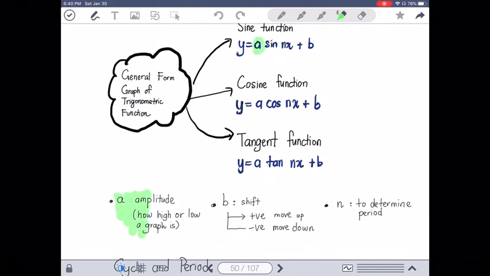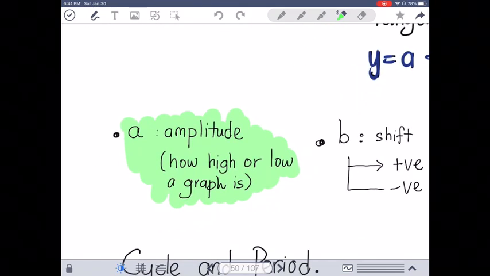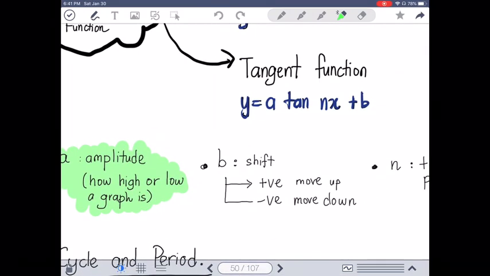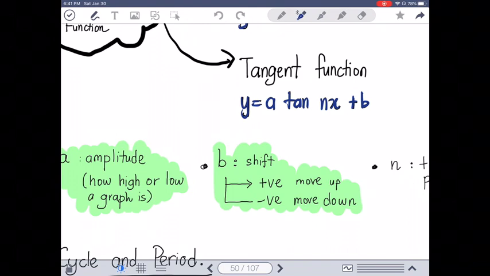Okay, what is a? A is the amplitude, which is how high or how low your graph is. How about b? B is the shift. If b is positive, it means that the graph needs to shift up.